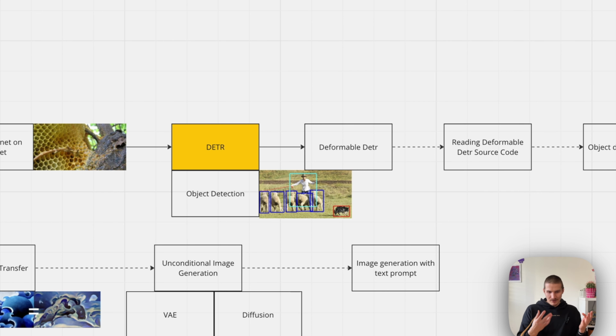You just say that I want the third sheep from the left, or maybe something that the model was not trained on, like a brick, and you can just describe that in text, and the model will find that for you. And in reverse, we will use that for text-based image generation, where you have the actual prompt of what you need, and the model generates an image according to this prompt.